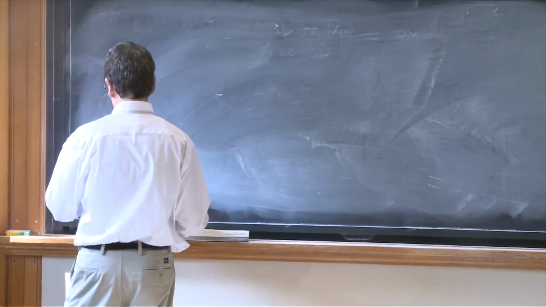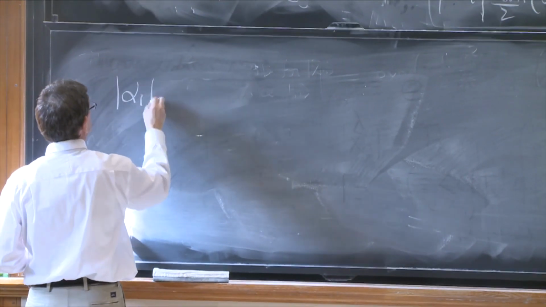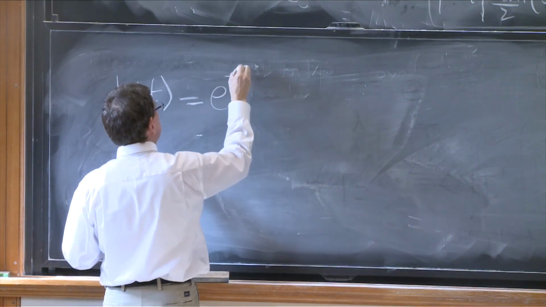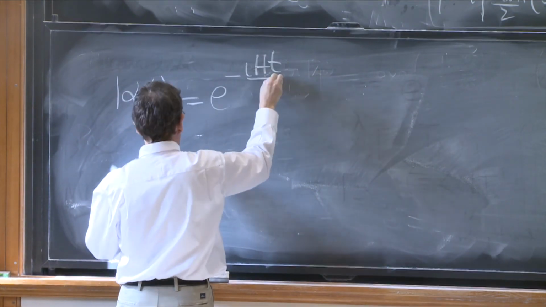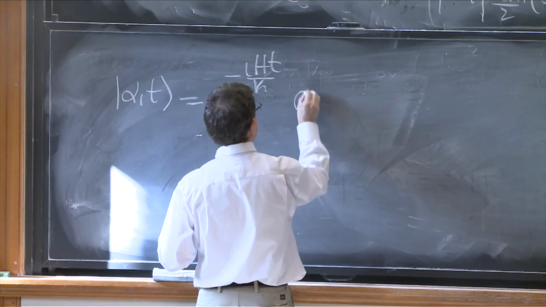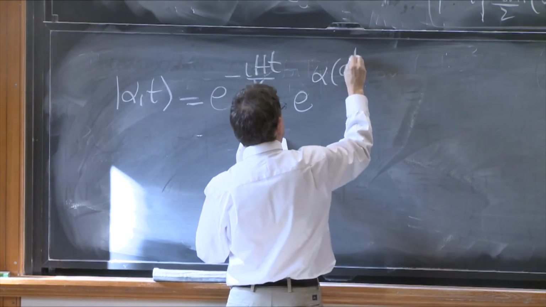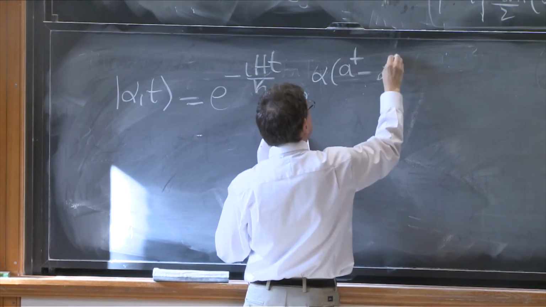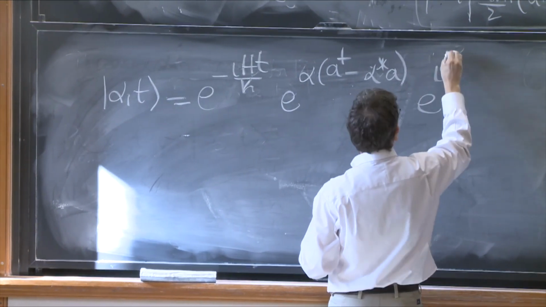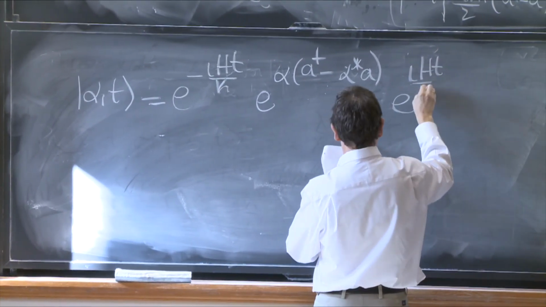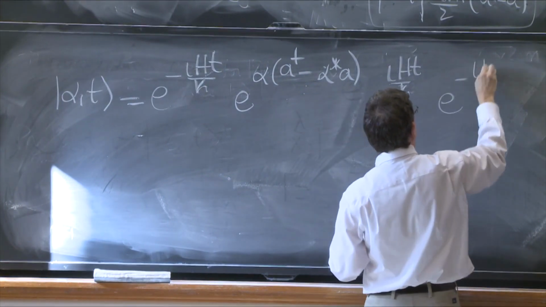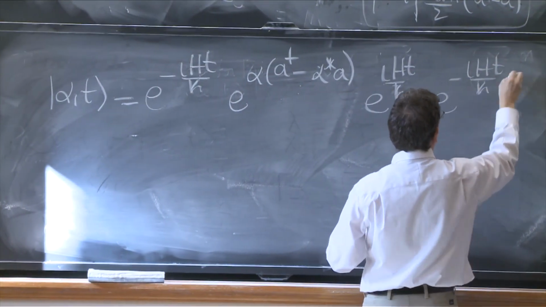And what is it? Well, alpha at time t, you have to evolve the state, e to the minus iHt over h bar on the state, which is e to the alpha a dagger minus alpha star a on the vacuum. I'll put an e to the iHt over h bar and an e to the minus iHt over h bar, and the vacuum.